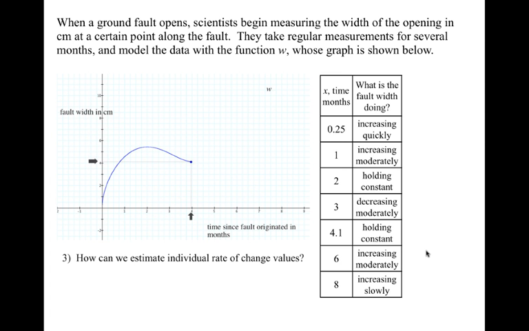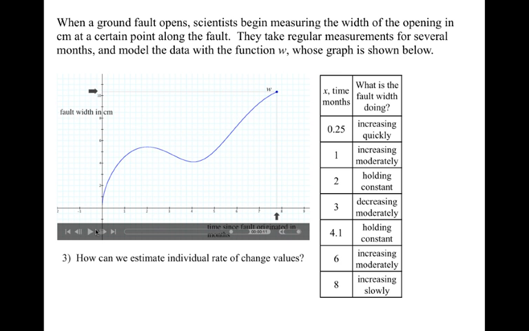How can we estimate individual rate of change values? So now I want to actually estimate values of rate of change at these moments. How could we do it? Right. Okay, so I'll pause the video here. So watch. Say at 1. Come up here at 1.